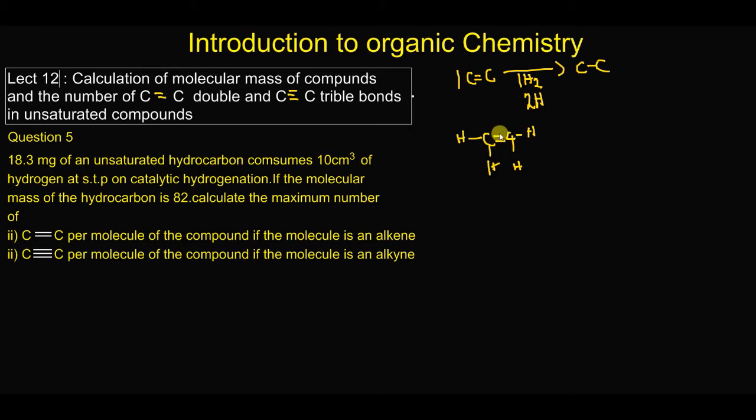Now if I want to convert this one to a single bond, I'm going to replace this double bond with two hydrogen atoms. One hydrogen atom will sit here, the other hydrogen atom will sit here, and that will clear out this double bond there.